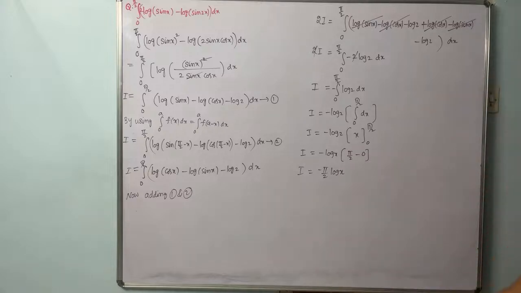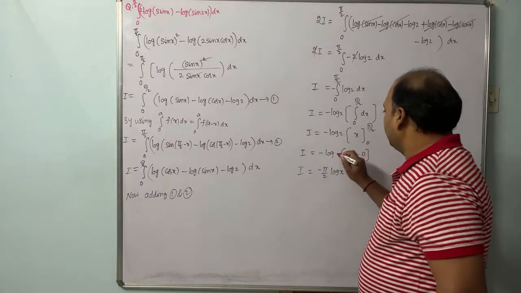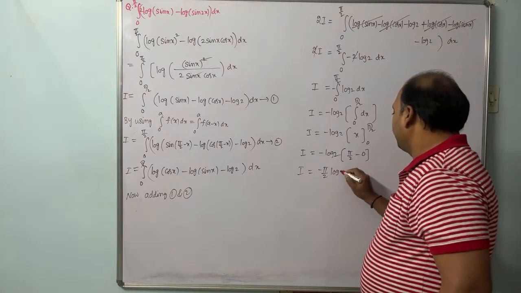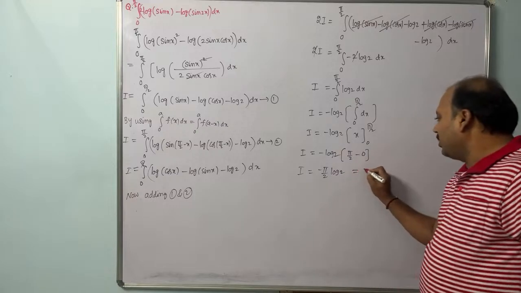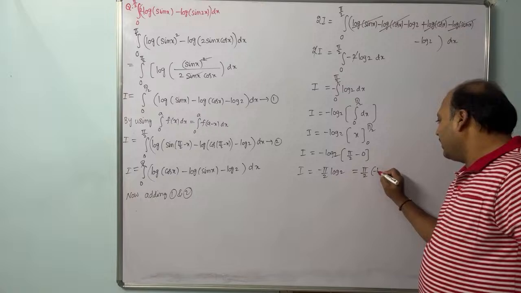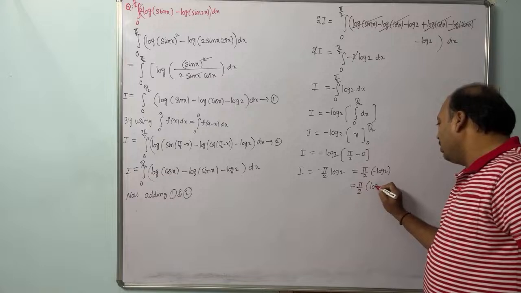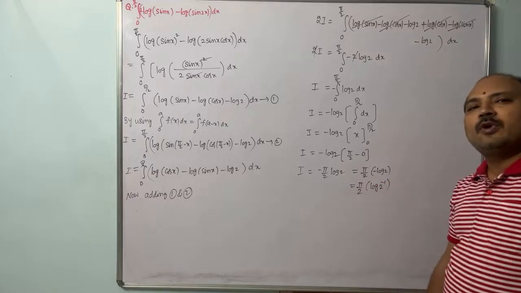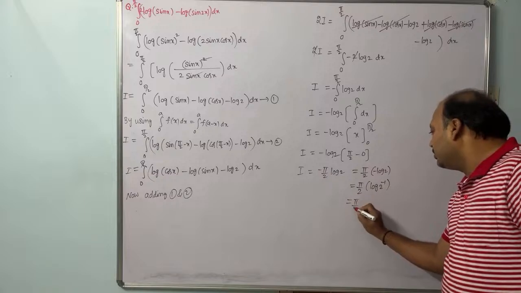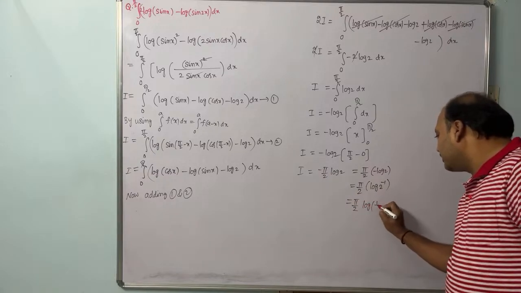We can leave it like this, otherwise we can keep it as, dear students, sorry, log 2. So this also we can bring out: pi by 2 times minus log 2, that minus also can be brought as a power, pi by 2 log 2 to the power minus 1. 2 to the power minus 1 is 1 by 2. So pi by 2 log 1 by 2, dear students.